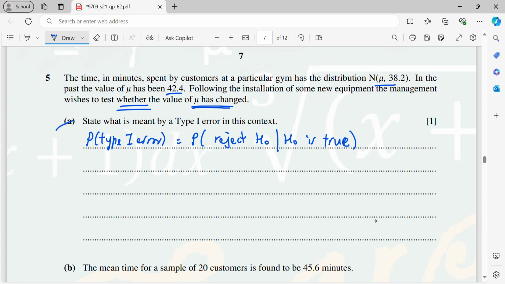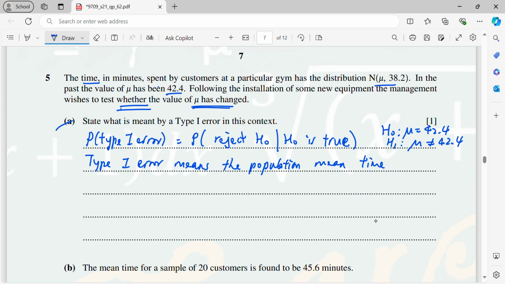So now your H0 is basically mu equals 42.4. Your H1 has been changed. That means it's a two-tailed test. Mu is not equal to 42.4. Now, if you need to explain the type 1 error in this context, that means the type 1 error means the population mean, this is the time, okay, population mean time.